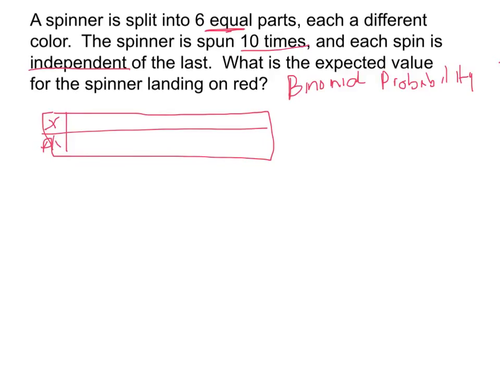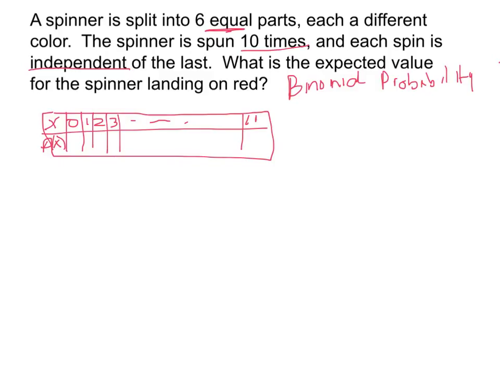And in this particular case, it would be kind of crazy because if we want the expected value for the spinner landing on red, we'd have to look at no red lands, 1 red land, 2 red lands, etc., until we got all the way down to 10. We'd have to figure out each of those probabilities and then multiply them and add them up. So if it was me, I would look at that and say that's an absolutely crazy problem to do. That's going to take me forever.